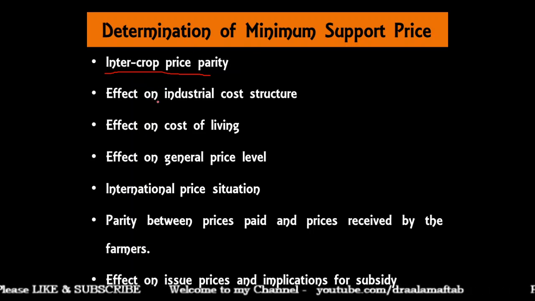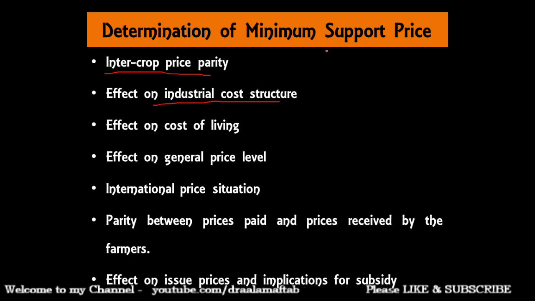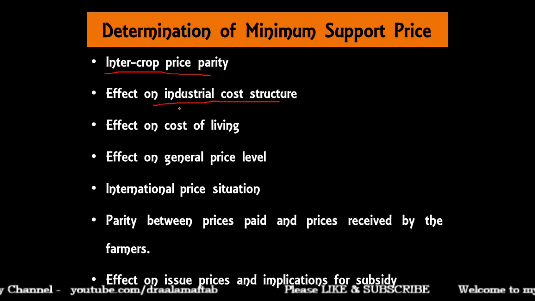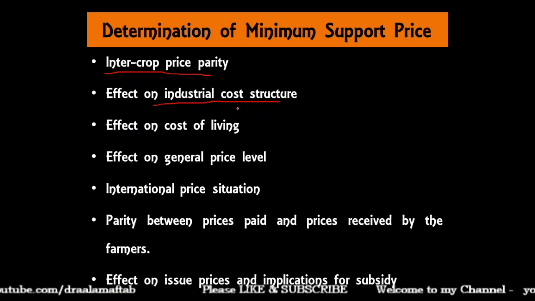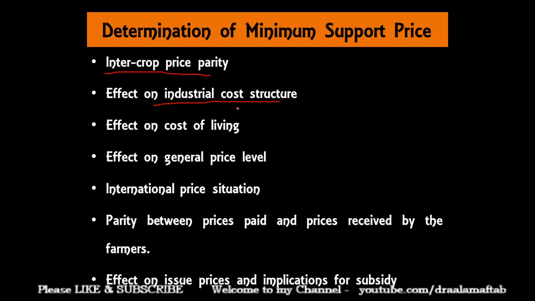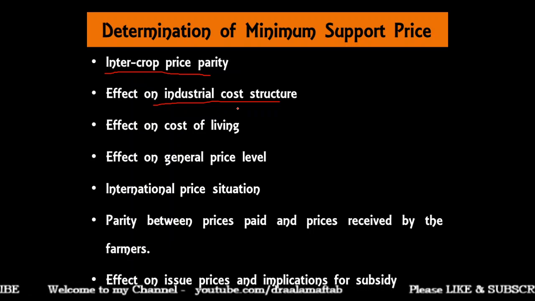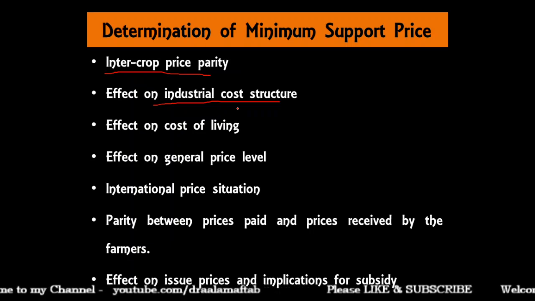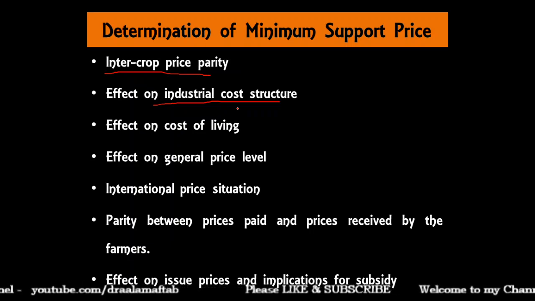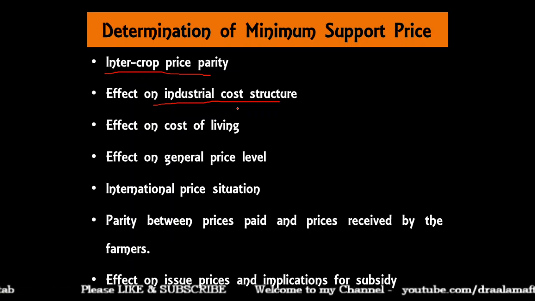Next comes the effect of MSP on industrial cost structure. In fact, MSP can also influence the industrial cost, as there are several products which are used by the workers, right? If food grain prices go up, workers may demand more wages and salary. This is one thing.